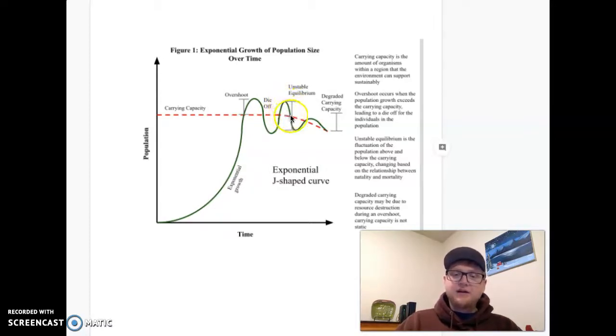And here you can see that it's a degrading carrying capacity. That means this population is causing the food supply to start going down. It can't carry as many animals as it used to, so your carrying capacity goes down, which leads to larger die-offs, and this population ultimately goes down to where the environment can sustain it.